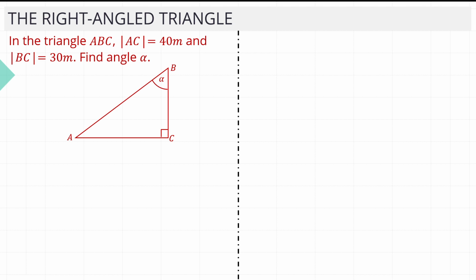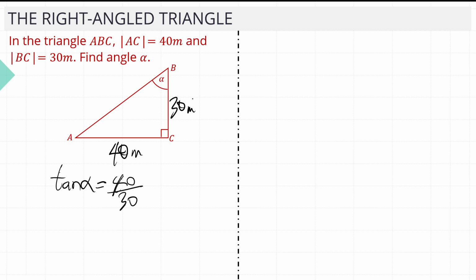And next one, in the triangle ABC, the line AC equals 40 meters and the line BC equals 30 meters. Find angle alpha. From definition, tan alpha equals the side opposite to alpha, that's 40, divided by the adjacent side 30.